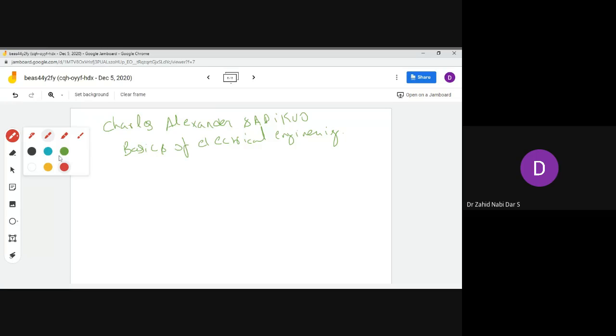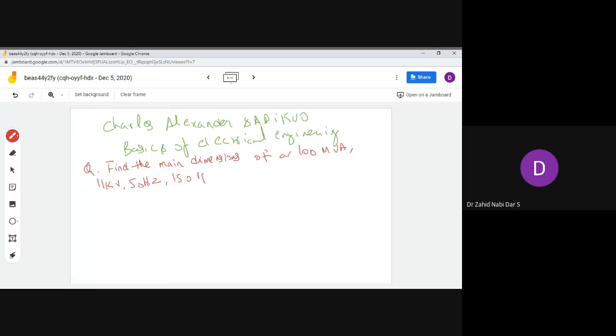Let's see. Please do this question. Find the main dimensions of a 100 MVA, 11 kV, 50 hertz, 150 rpm, three phase water wheel generator.